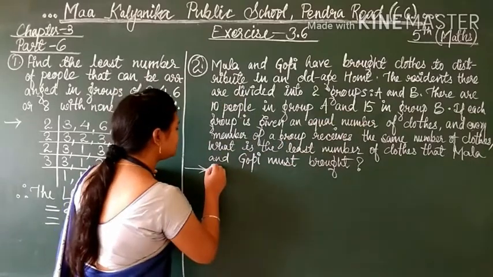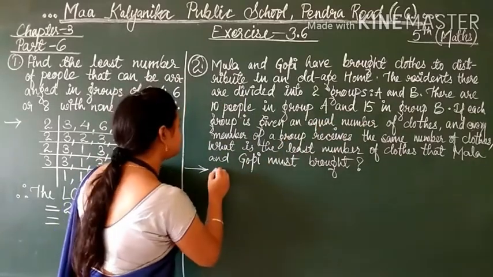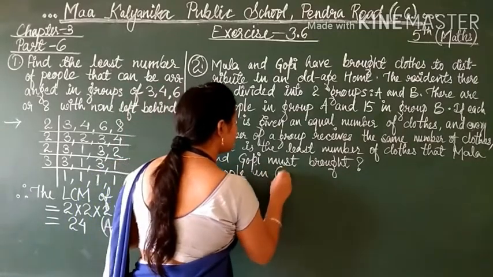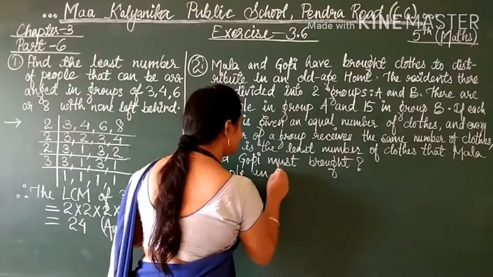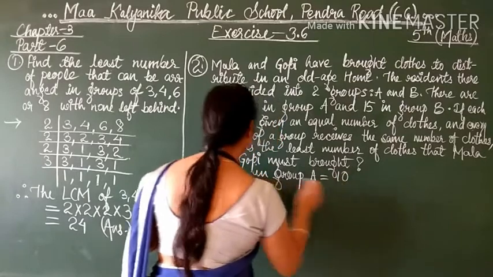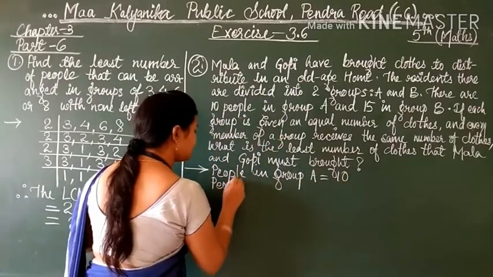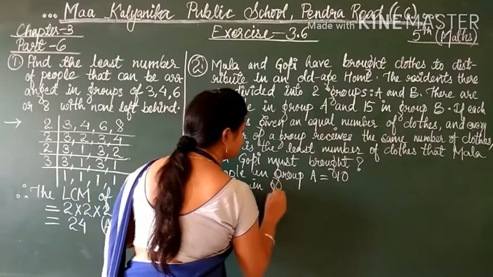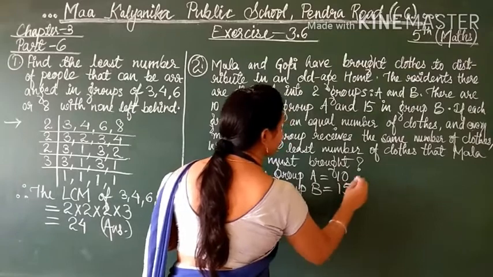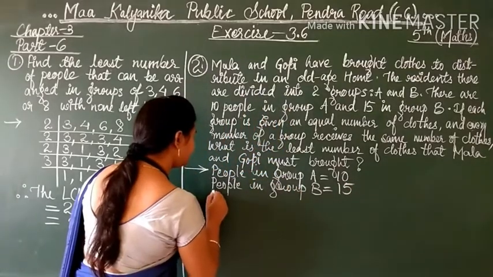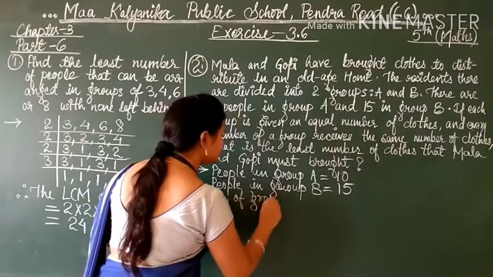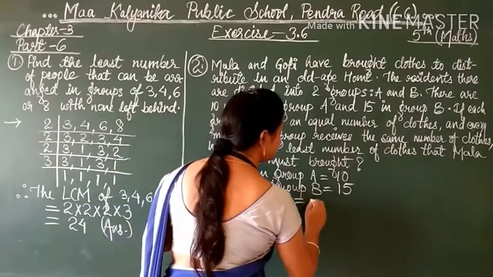So we can write, after that I will explain here. People in group A is equal to 10, and people in group B is equal to 15, and number of groups given is equal to 2.